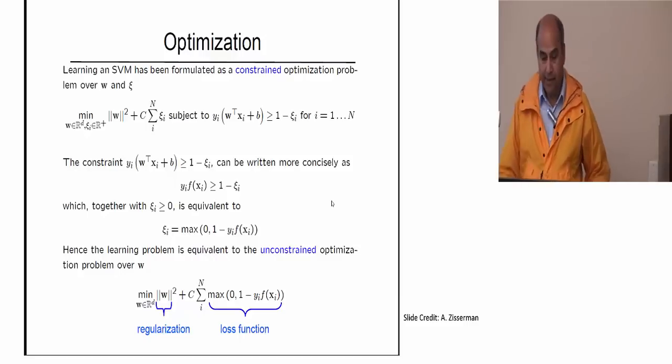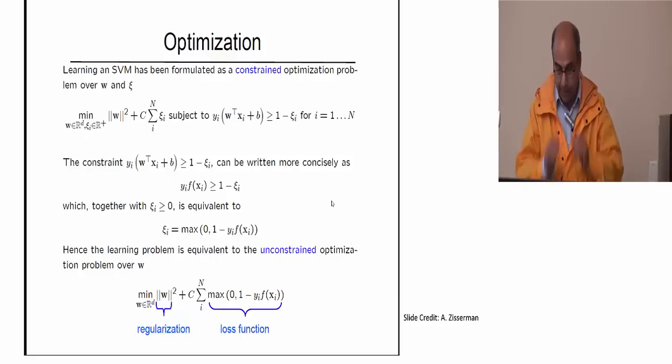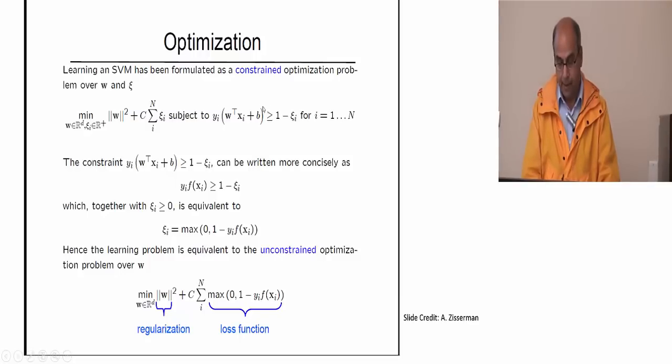Remember I showed you this slide, so we were up to here, that we want to take this slack variable eta i, and we want to make this thing greater than or equal to 1 minus eta i. If you look at this constraint, this can be written like this: yi w transpose xi, which is actually f(xi), greater than or equal to 1 minus eta i.